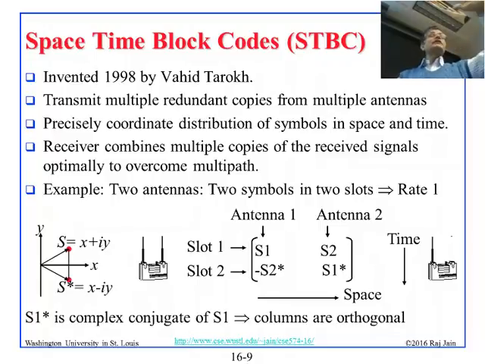If the amplitude is A, then A sine theta would be the vertical part, A cos theta would be the horizontal part, right? So theta is the phase. So you put every symbol as a complex number, and you do the complex conjugate, and sometimes you have to multiply with minus, in which case it will be minus X plus iY.